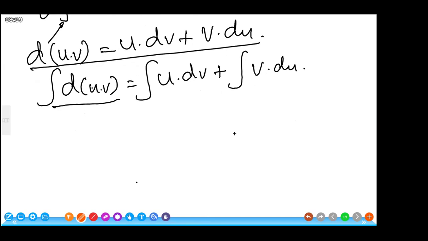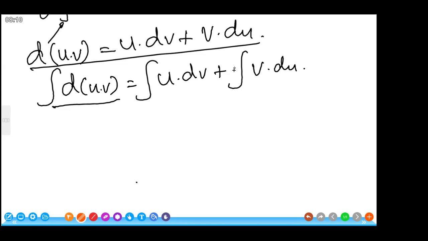If you integrate the derivative of uv, what is the result? Yes, uv plus c.